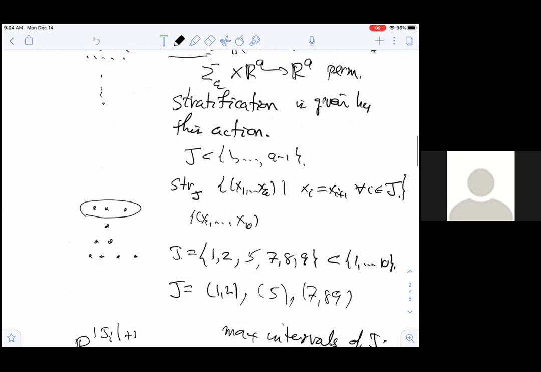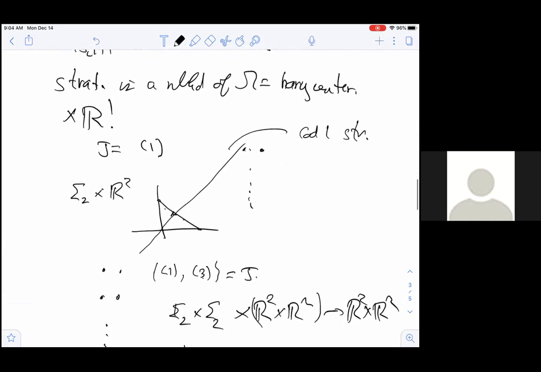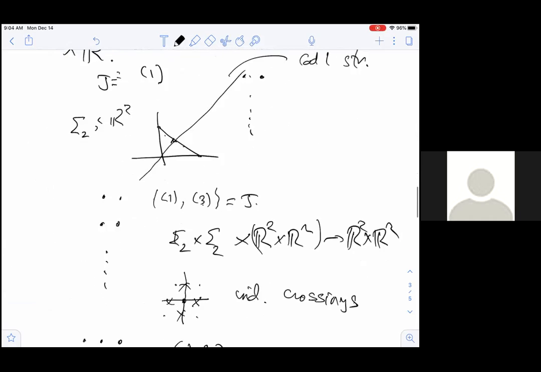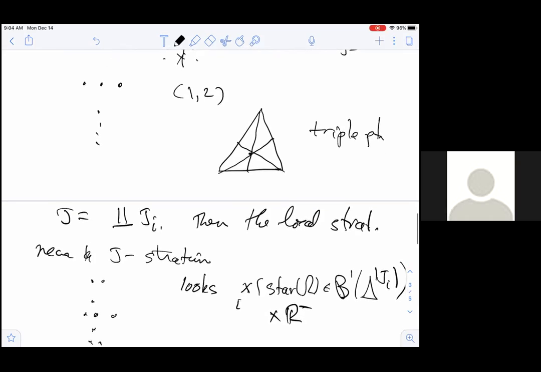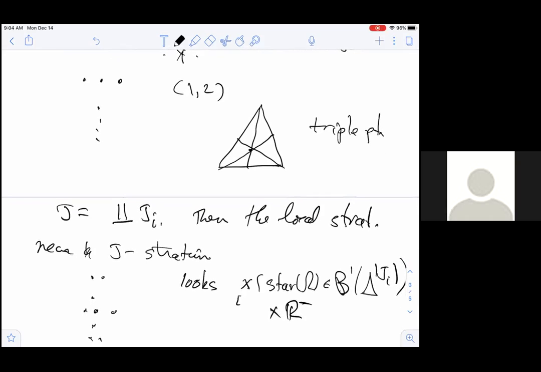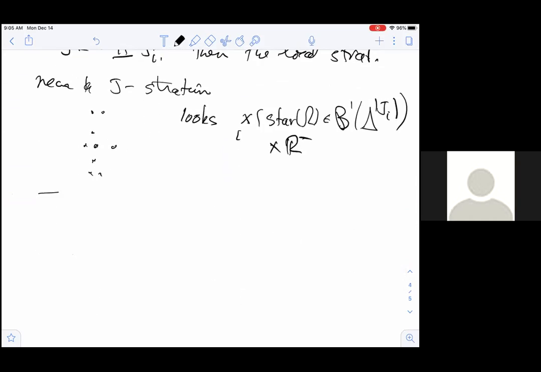And so the stratum is given by how many different critical points coalesce and where they are in the ordering. And then the stratification is given by products of the structure of the barycenters of simplices that come from these intervals. So that's all very combinatorial, but it's only a local description of what this stratification looks like.